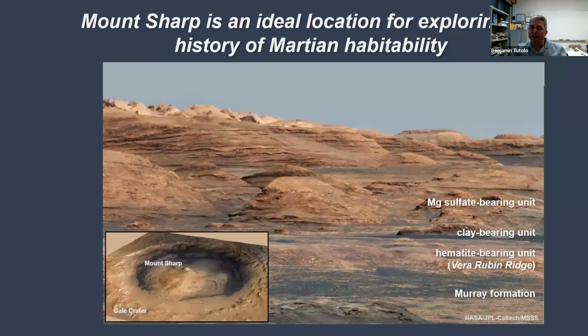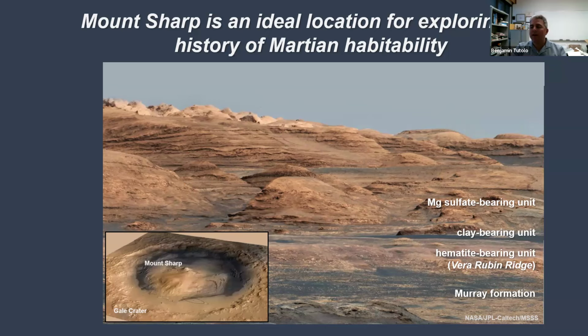And this is a photo taken from very early on in the mission of Mount Sharp. So here's Gale crater. Mount Sharp is in the center of the crater. And the goal for the mission has been to slowly climb this Mount Sharp, the stack of sediments known as Mount Sharp, and get at the geological and habitability record that has been recorded in this stack of sediments.